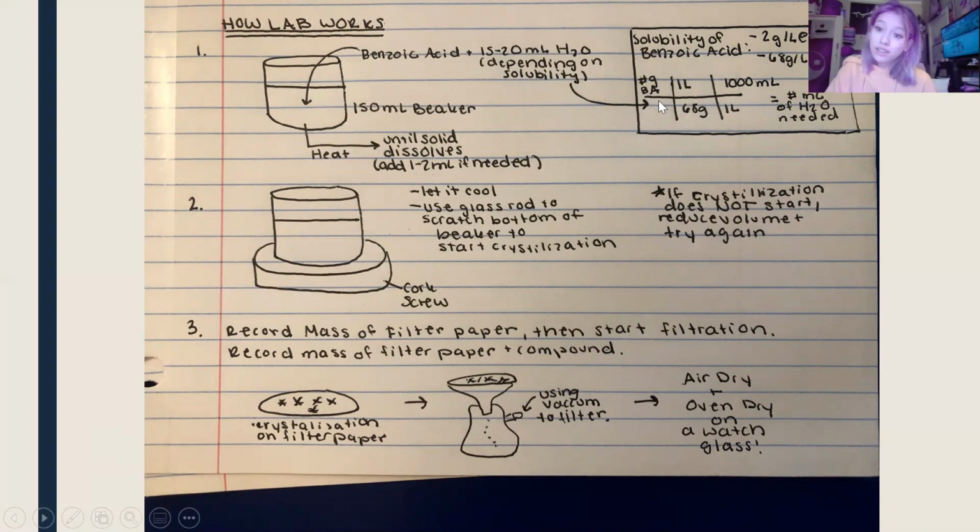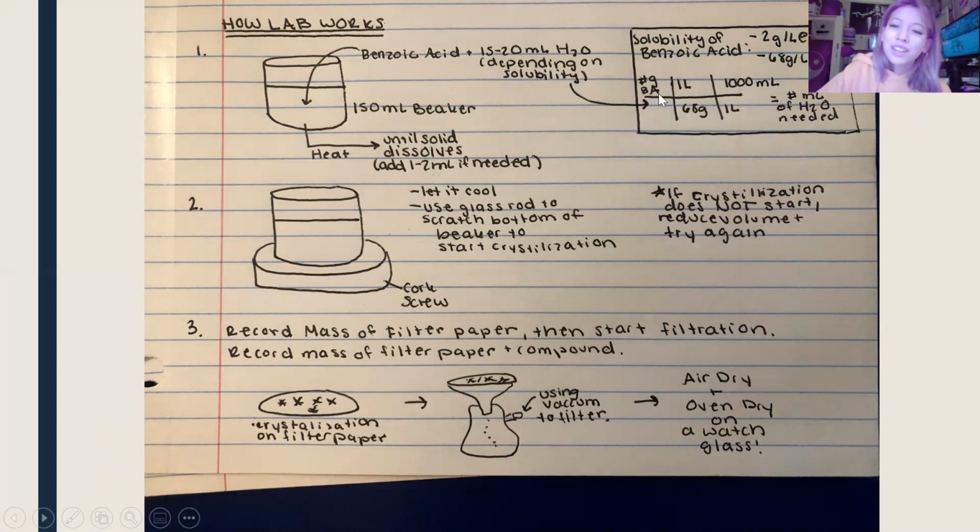We use dimensional analysis. So here I put on top the solubility of benzoic acid. We want the higher temperature, so we're going to use 68 grams at 95 degrees Celsius. Otherwise, you would get a really small amount of water.